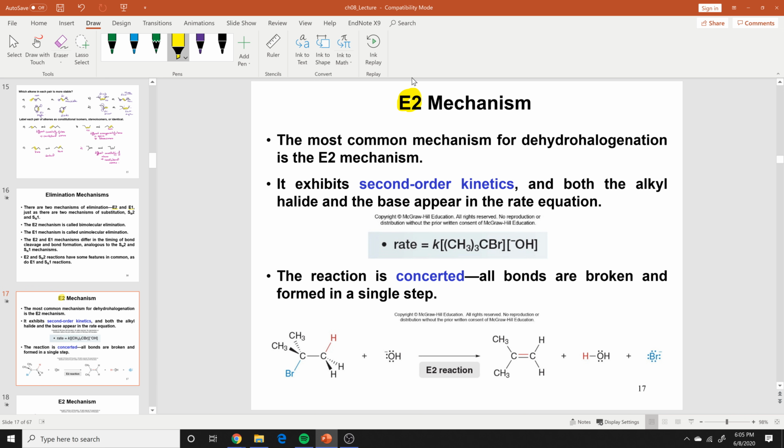The reactants are the base and the alkyl halide. So the rate depends on the concentration of the base, which is to the power of 1, this is my base over here, and the concentration of the alkyl halide, which is to the power of 1. So the order of the reaction is a second order reaction.